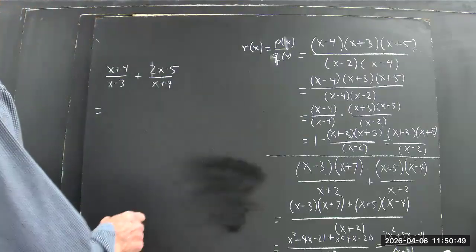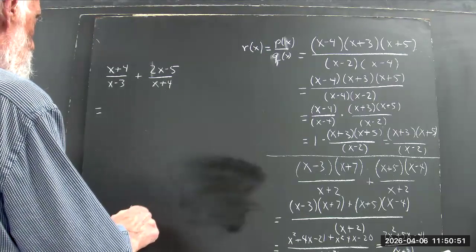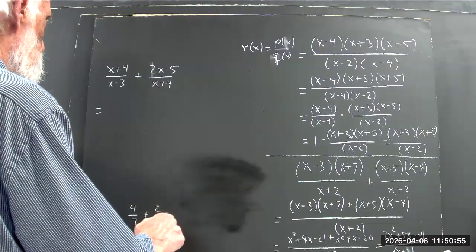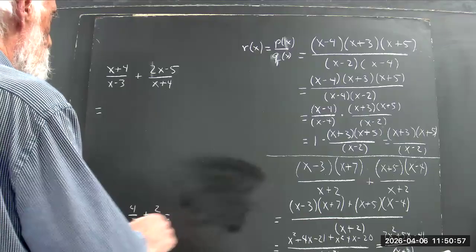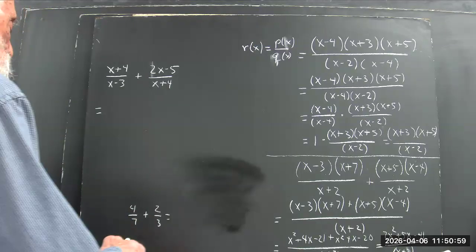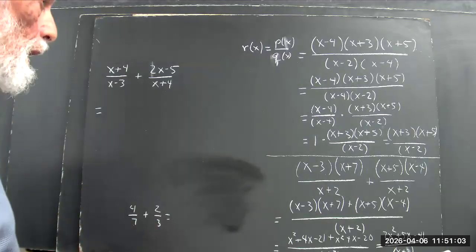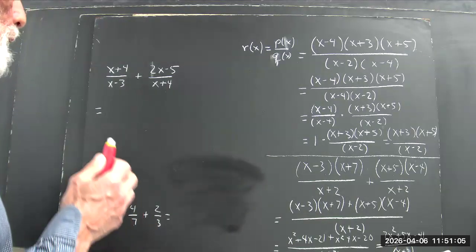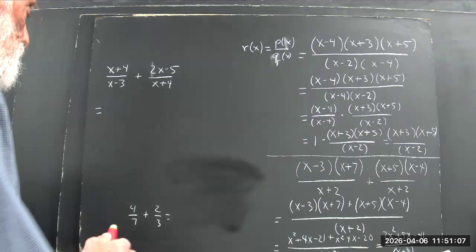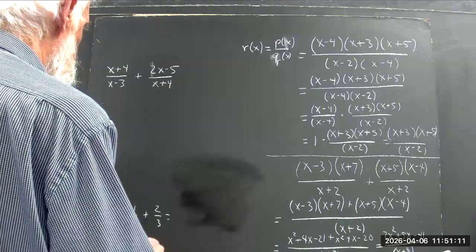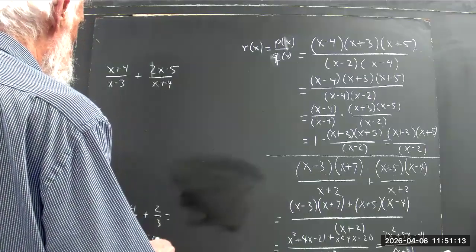I'll just do one quick example, and let's say we've got 4/7 plus 2/3. In order to add that, we need a common denominator. Well, we can always multiply denominators to get a common denominator. Usually we want the least common denominator, but since 7 and 3 are relatively prime, 21 is going to be it. So I'll just say common denominator is 21.